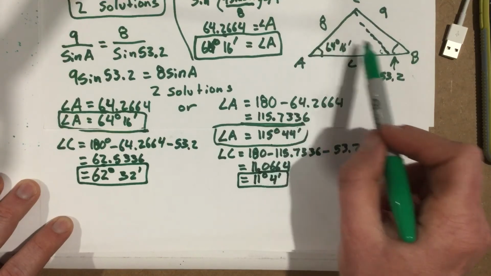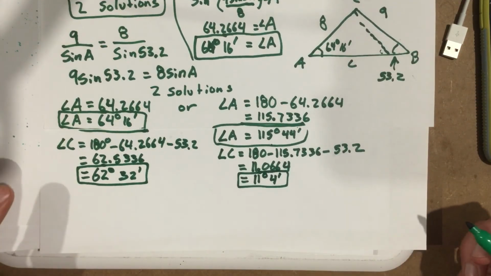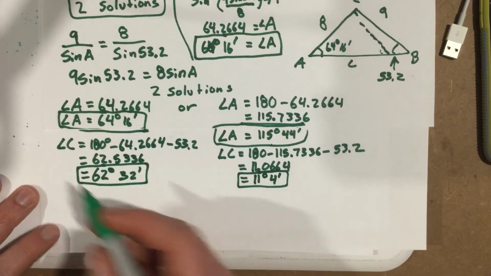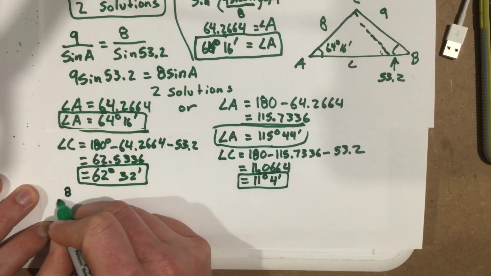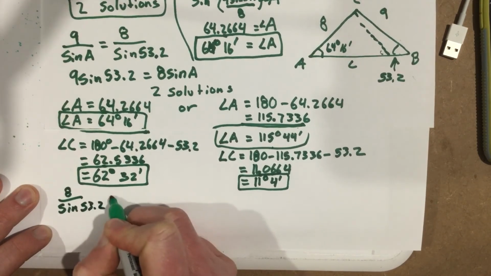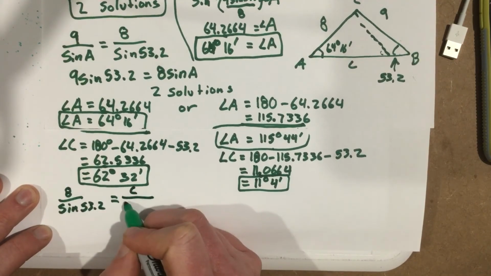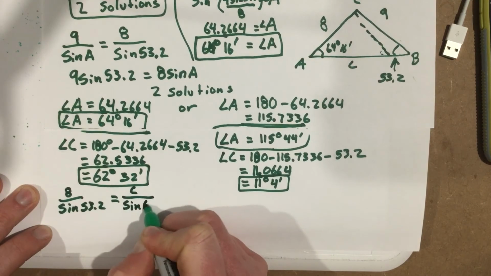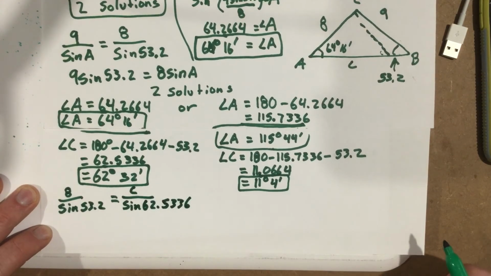We're going to use the B's and the C's, so basically B over sine B and C over sine C. So we say 8 over sine 53.2 equals C over sine 62.5336.